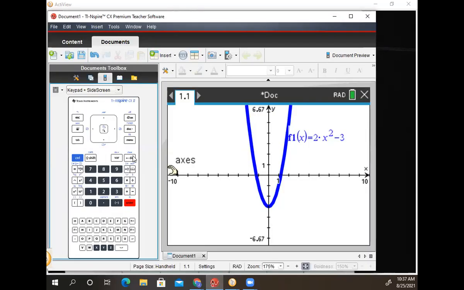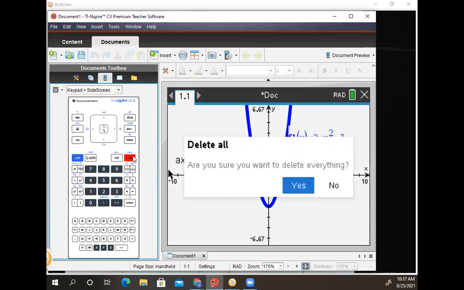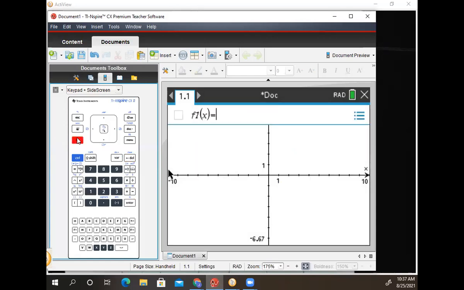And then I'm going to go ahead and delete this equation and hit the tab key to bring up our entry line again. Let's skip to equation D. That's a sine function. I know you guys worked with those trig functions last year in geometry, so you've seen sine before.